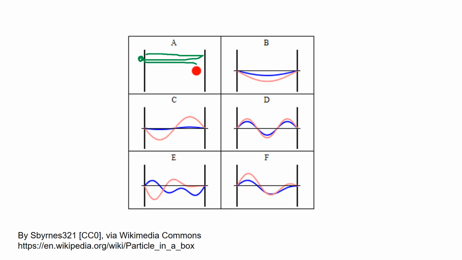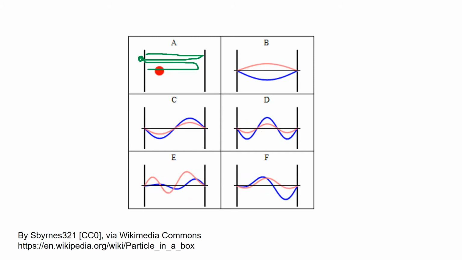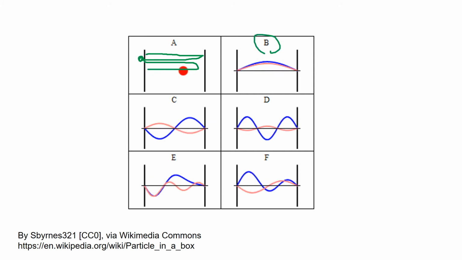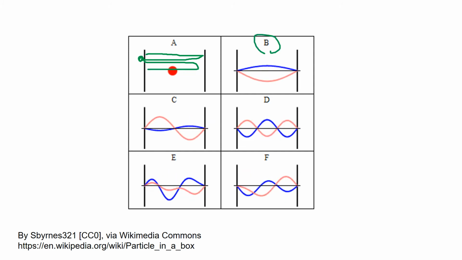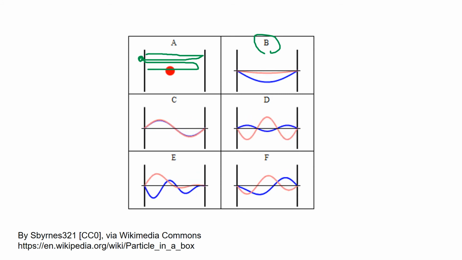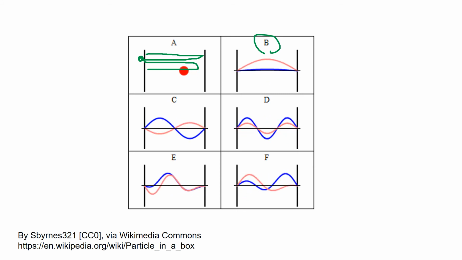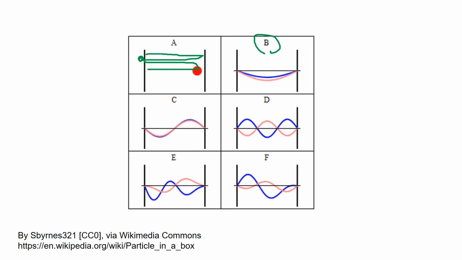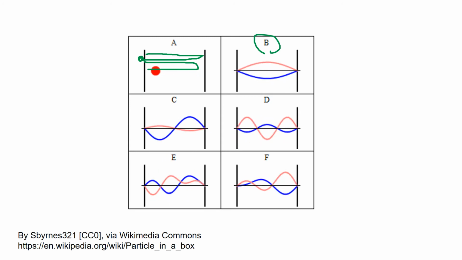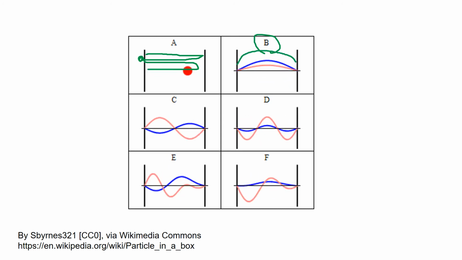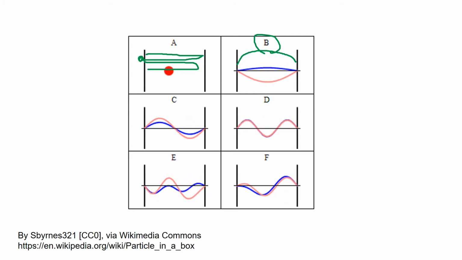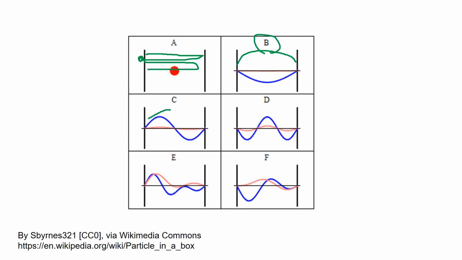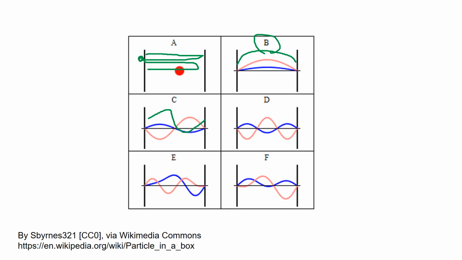In quantum mechanics, especially when the particle is very small, like an electron, the electron behaves more like a wave rather than a particle. And the electron can occupy one energy state like this, and then it can form another energy state with one node like this.